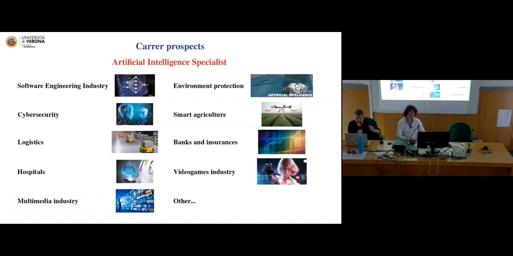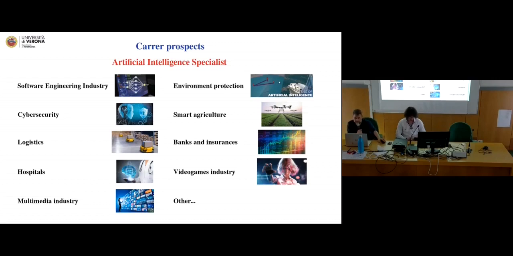Of course, there are a lot of jobs that students can do after this degree. Some of them are listed here, like software engineering in industry, okay, but not software engineering like a normal programmer; the idea is that specialists in AI should be able to work directly on artificial intelligence projects, which was also something that companies asked us: cybersecurity, logistics, hospitals, multimedia industry, environmental protection.